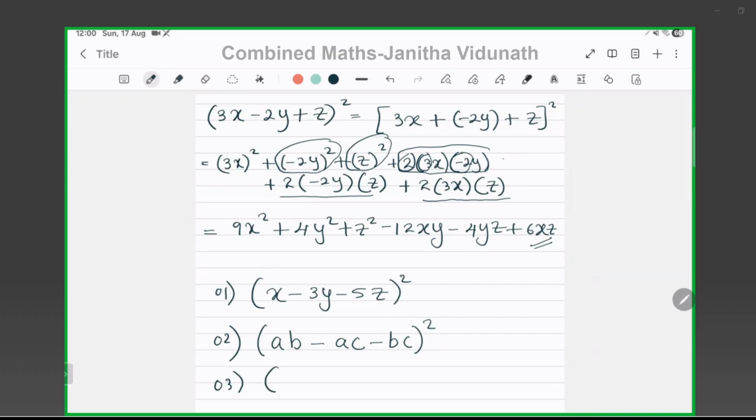And the last one is (a - b - 2c) whole square. Okay. Try to finish those three questions within 4 minutes and send me the answer.